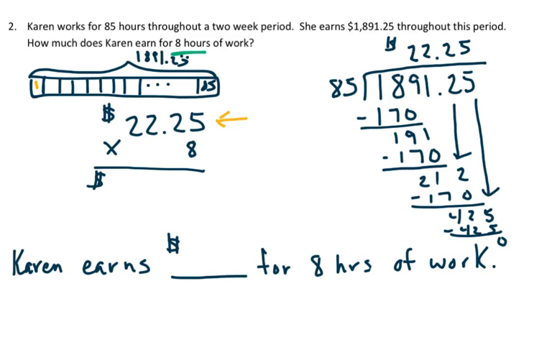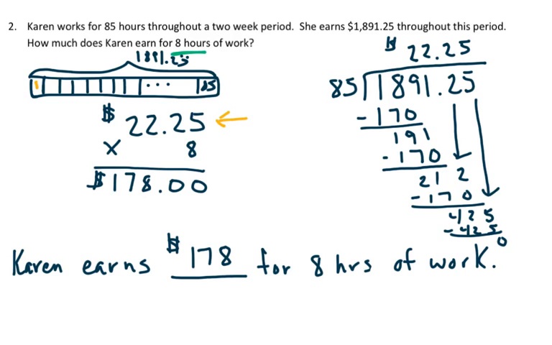And when I multiply this out, I have $178. So that's how much she's going to be making for 8 hours. That's what's going to go into my target sentence. So Karen earns $178 for 8 hours of work.